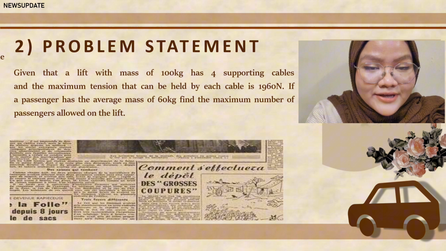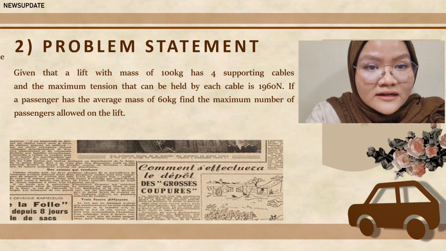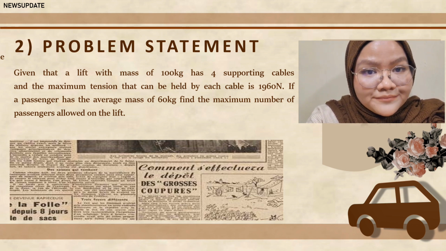So basically, we have a 100 kg lift with 4 supporting cables that can hold 1960 Newton maximum tension. And now the question is asking about the maximum number of passengers if the average mass of a passenger is 60 kg.